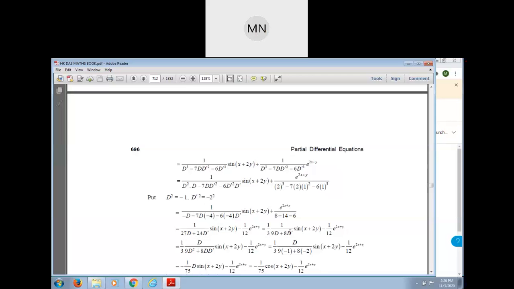If suppose it is e power x plus y, then it's possible, because for e power ax plus by, we directly put the value of d and d dash like a and b. But if the function is in the form of sine or cosine function, you cannot directly put the value of d and d dash. You have to put the value only for d square and d dash square and d d dash. Remember this one.